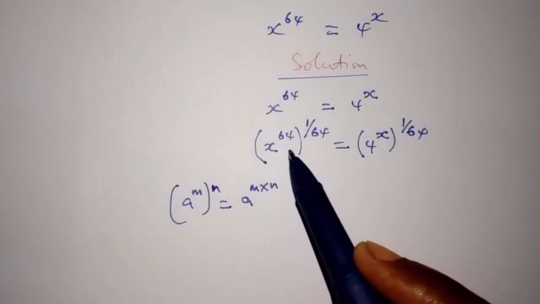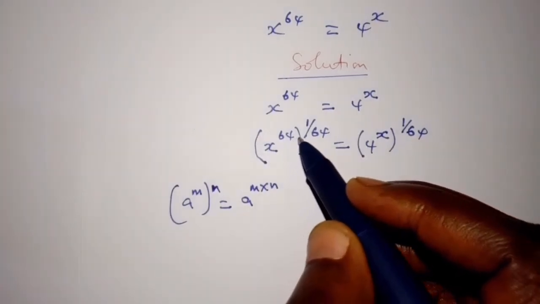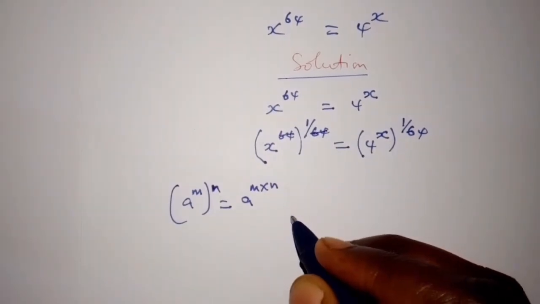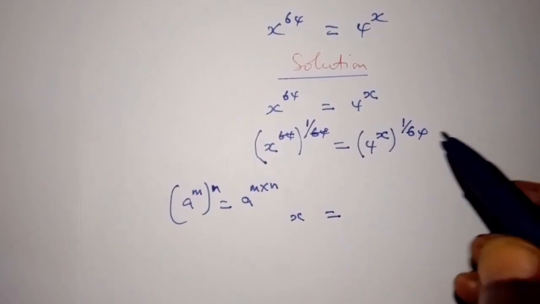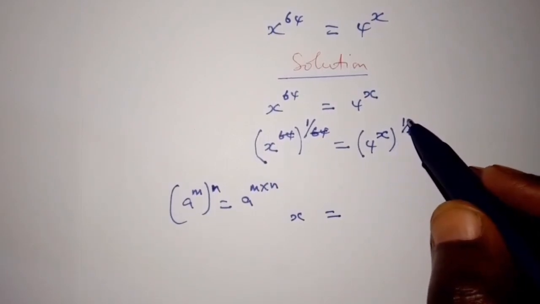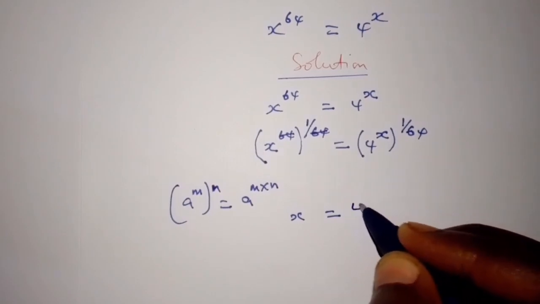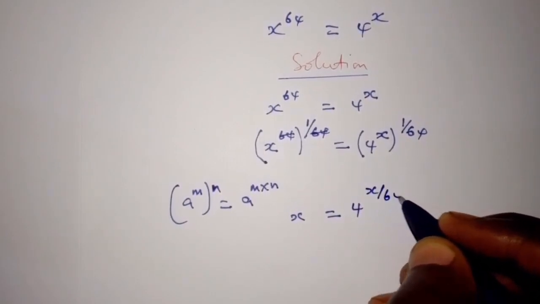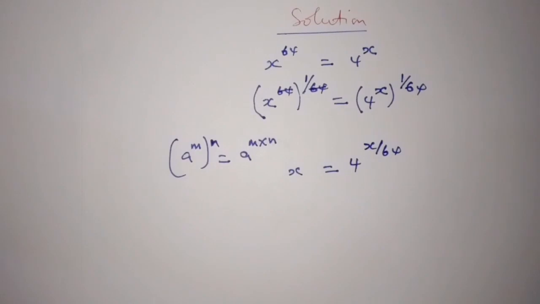So when we use this rule, then we cancel 64, cancel 64. So we end up with x is equal to, this is x times 1 over 64, that is 4 power x over 64.